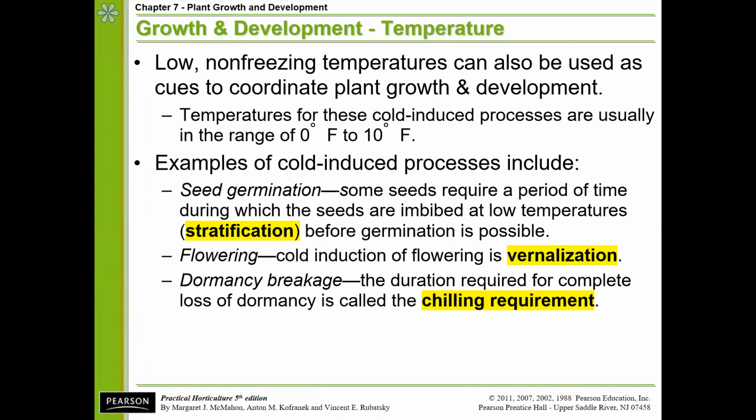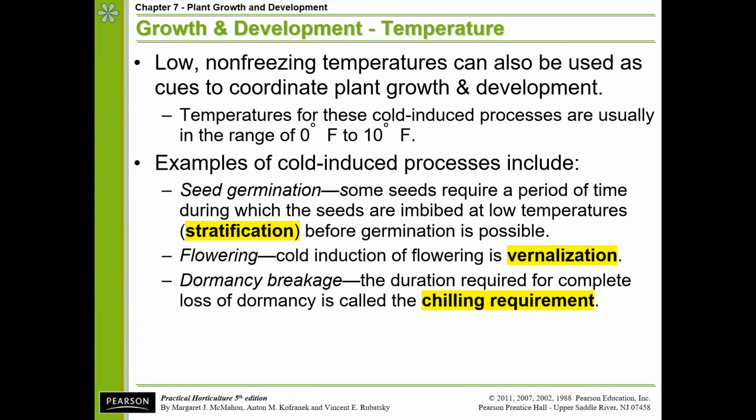We also have responses to flowering in terms of vernalization, and that's usually above freezing temperatures for above ground plants. For below ground plants, it's below freezing temperatures. Vernalization triggers dormant plant parts to basically develop differently.